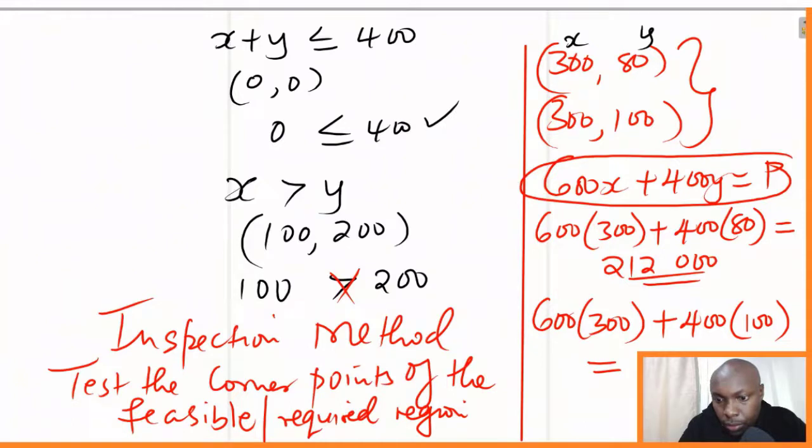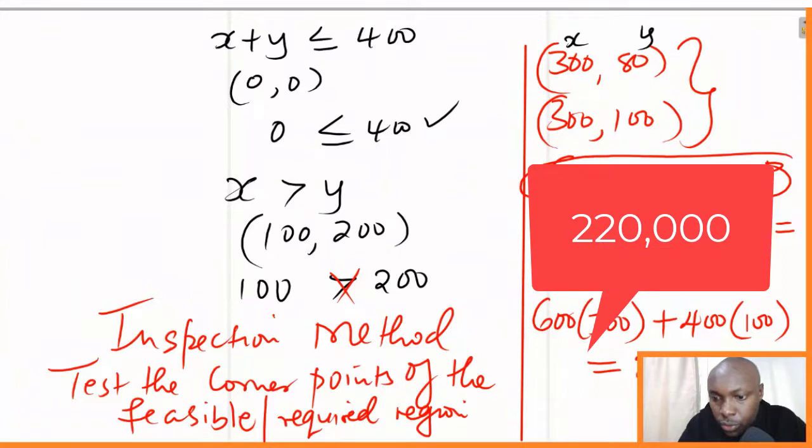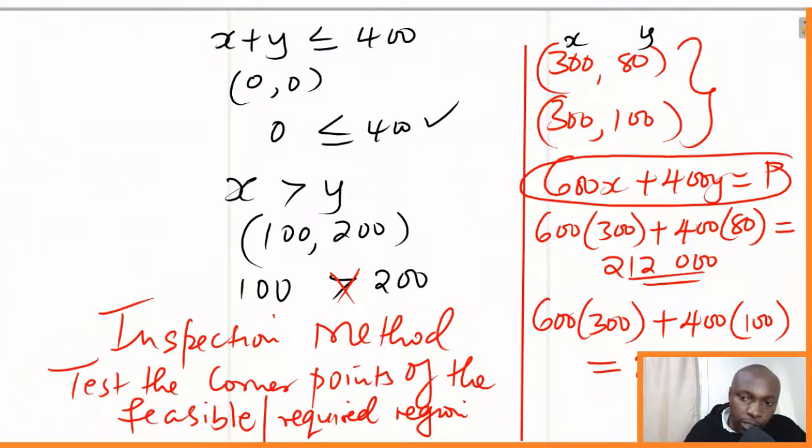So this one will give at this point, multiplying these, 220,000.